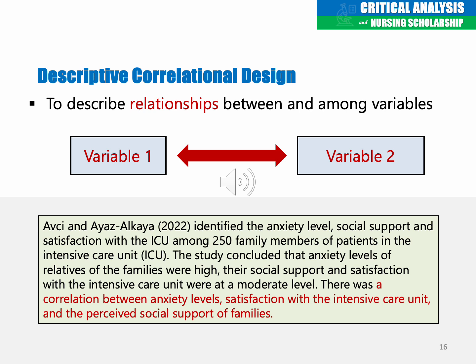It's very simple and useful, especially if your goal is just to explore relationships for the first time. However, the major con of descriptive correlational design is that it does not predict outcomes. It only describes relationships. And because of that, it does not prove a cause and effect relationship.